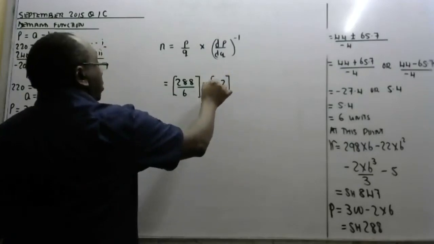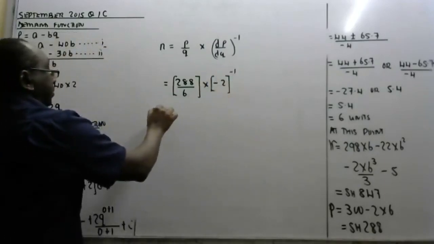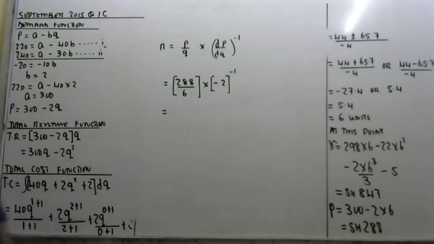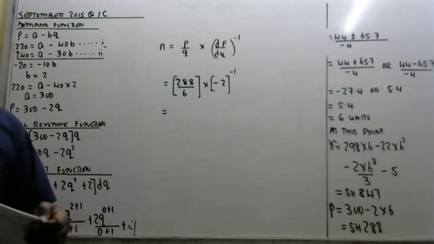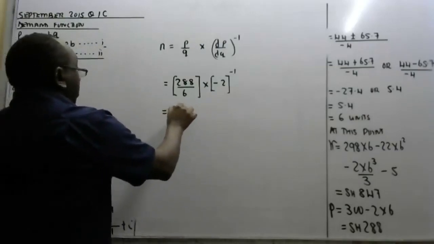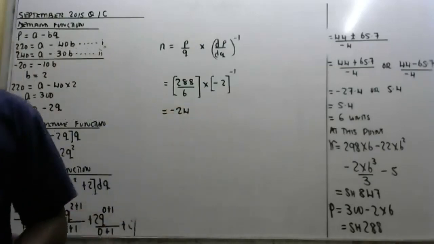So this minus 2, you raise it to power minus 1. You're getting minus 24.